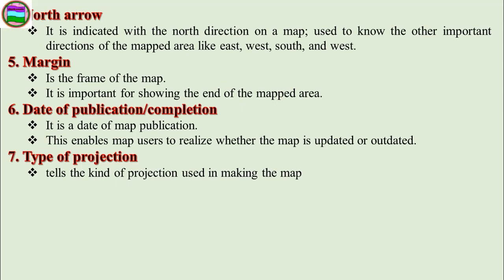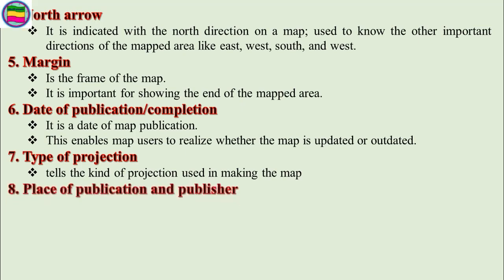During map projection, distortion will exist: distortion in terms of area, shape, length, and also angle or azimuth. So the type of map projection employed during map preparation should be included there.